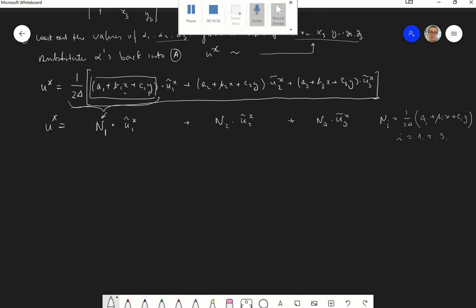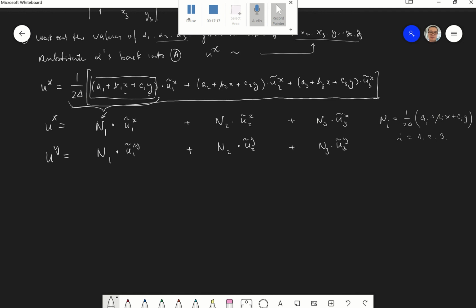Similarly, we can write u of y. Well, we didn't solve it, but by the analysis of the form of the equations, we can write this down as n1 times u1y tilde plus n2 times u2y tilde plus n3 times u3y tilde, right?